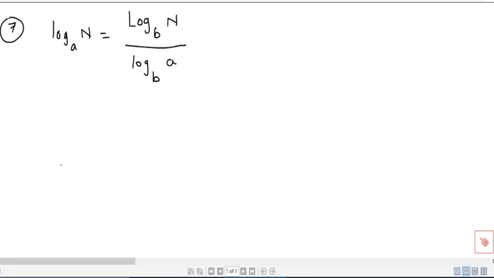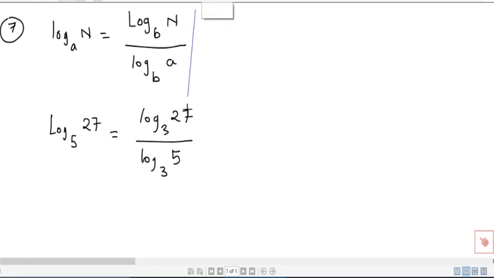So for example, I have written log at base 5 of 27, and I want to convert it to base 3. So what I will do? I will first write log at the new base 3 of 27, then log at the new base 3 of the old base 5. So here we have converted the old base 5 into base 3. This is the conversion, and you can also simplify if you want.